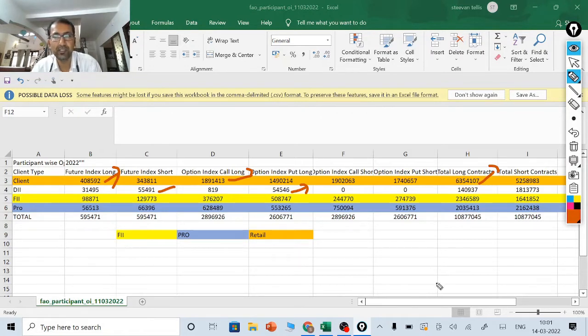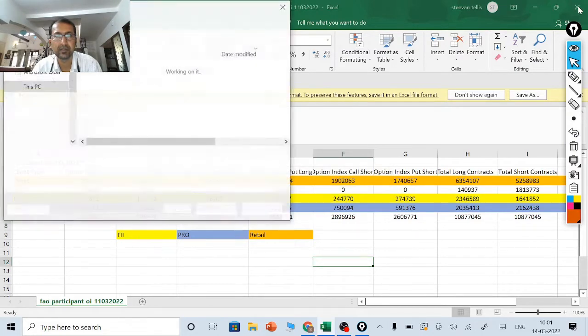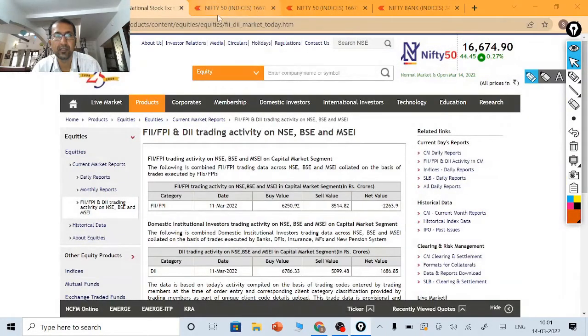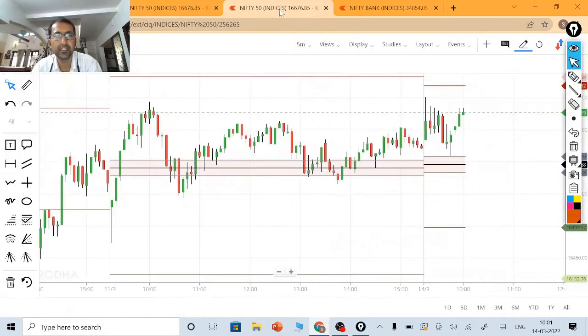Now let me come to the Nifty and Bank Nifty chart. Let me come first to the Nifty chart. Okay, let me close this. Now let me come to the Nifty chart.